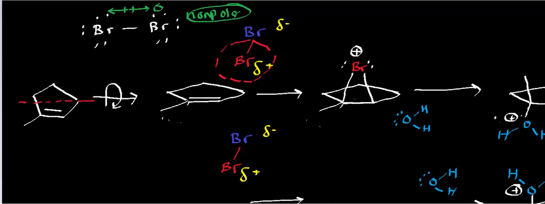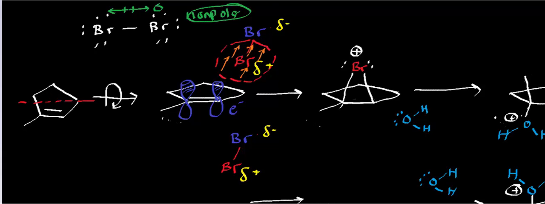And the other thing to remember is that this is a pi bond, so there are some p orbitals here that are regions of high electron density. These orbitals, which have electrons, are interacting with the red bromine, the proximal one, as it approaches the molecule, and they're pushing the electron density towards the blue bromine atom.